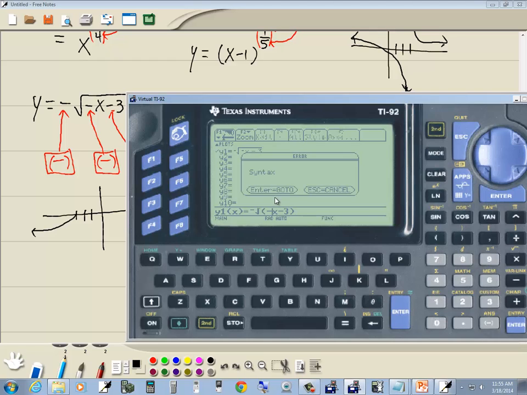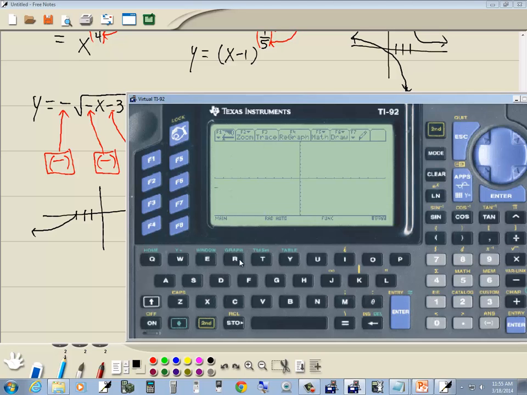Okay, do enter on that, and then I'll do an enter on go-to. Then it puts it where my problem area is. See how it puts a cursor after that? So then I can do a backspace and put in my negative. And then if I just do an enter, it takes it. And then if I do diamond R, it gives me my graph.